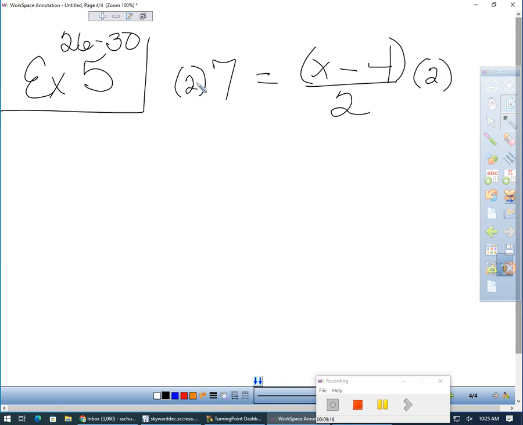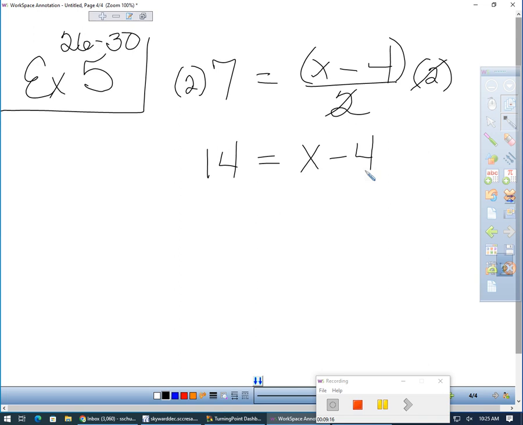On this side, I get 2 times 7 is 14. Equals. On this side, what happens with my 2's? They cancel, don't they? It gets rid of that fraction. So on this side, all I have left is x minus 4. All right. So we did clear the fraction.